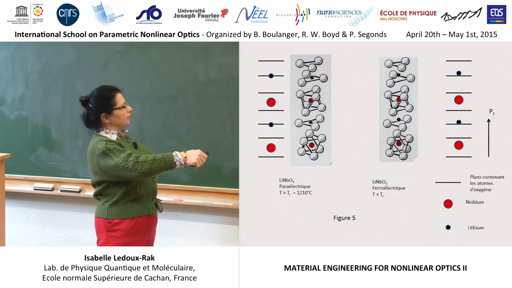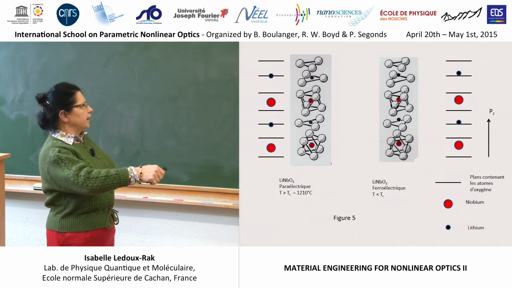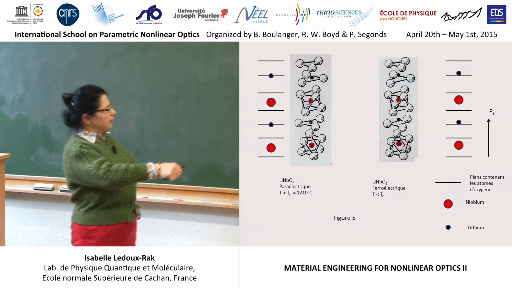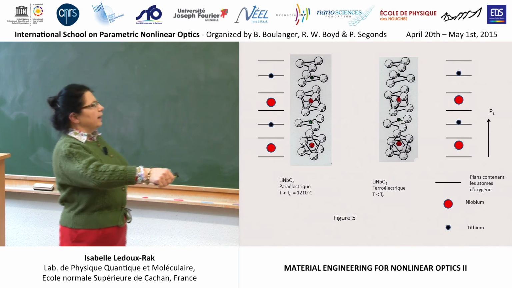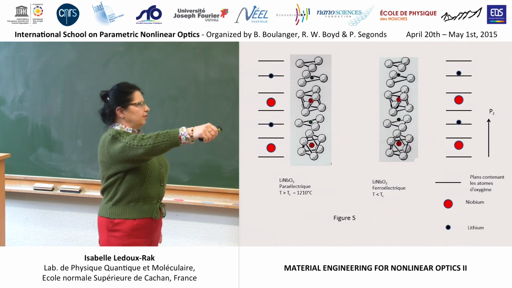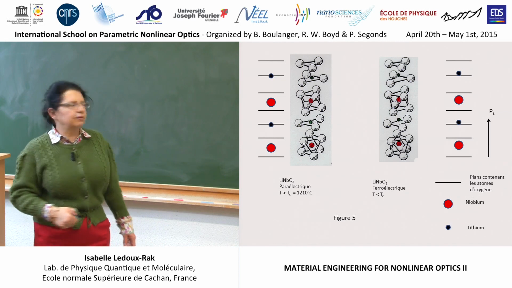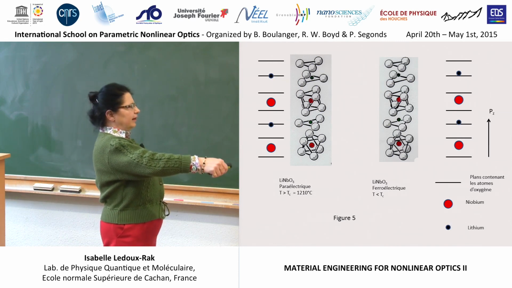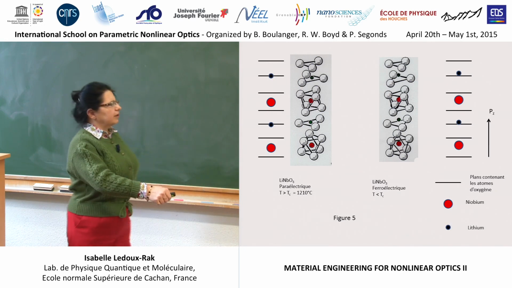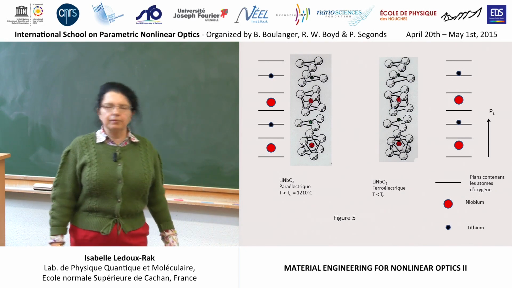And you can see here a better representation, where here are the oxygen planes, here the position of ions, niobium and lithium, and in the ferroelectric phase you will see the dissymmetry of the position of these cations with respect to the anionic layers of oxygen. And this results in a permanent dipole moment, a ferroelectric system.